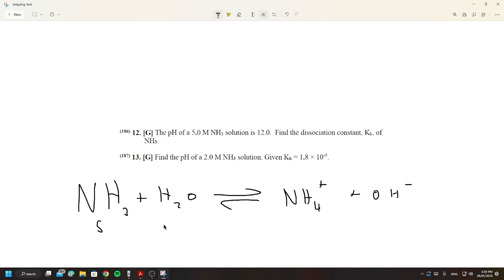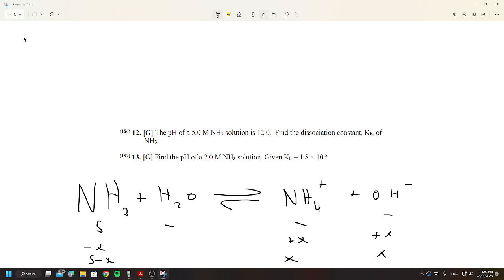H2O liquid, nothing, we don't consider it. NH4 plus we don't know, so it's not there. And OH minus we don't know. Then they change. This is minus X, plus X, and plus X. So 5 minus X, X, and X.